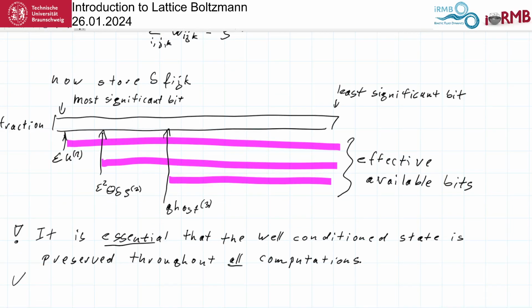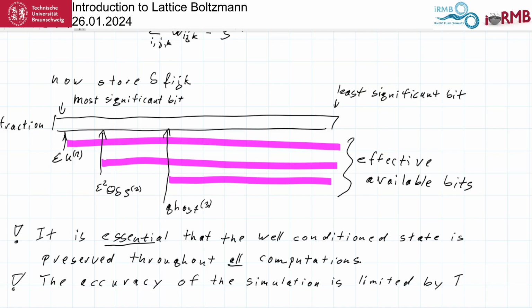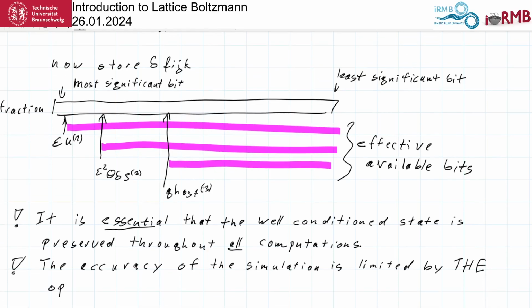I'll write the other one too. The accuracy, because this was now only the storage. And now you also have to do the computation, but the accuracy of the entire simulation is limited by the operation with the least accuracy.